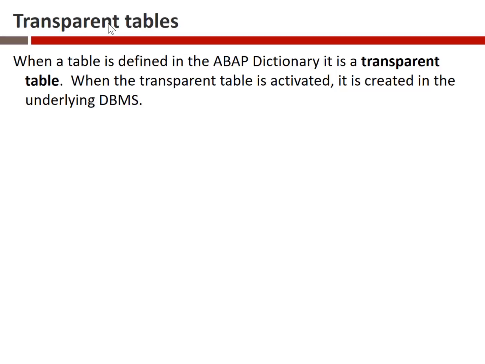And then we have the database server. So what we are describing here is a situation where you go into the ABAP dictionary on the application server, and then when you activate what it is that you have done, that results in this actually being created on the database server.